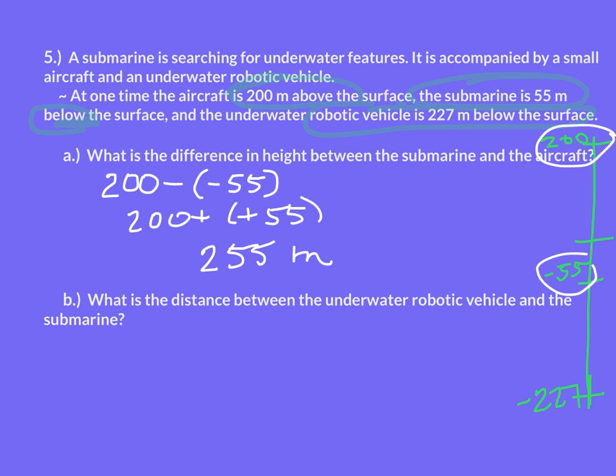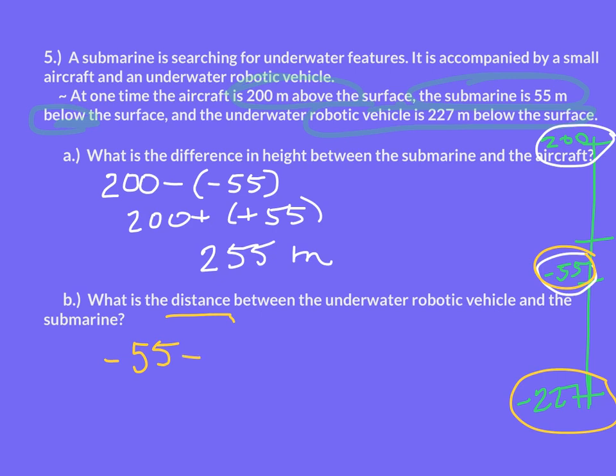Next, what is the difference, or the distance, between the underwater robotic vehicle and the submarine? So that's still my negative 55, and now my negative 227. So I'm looking for the distance between. So I'm going to take my negative 55, because that's on top.